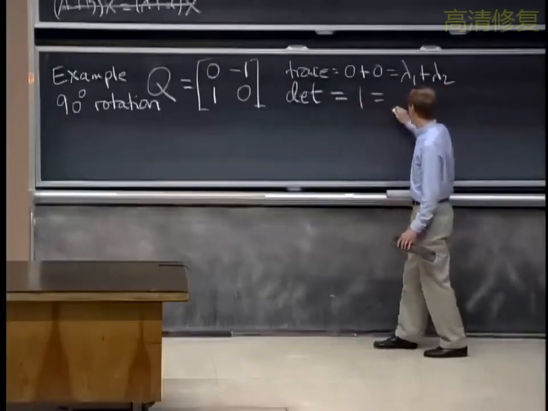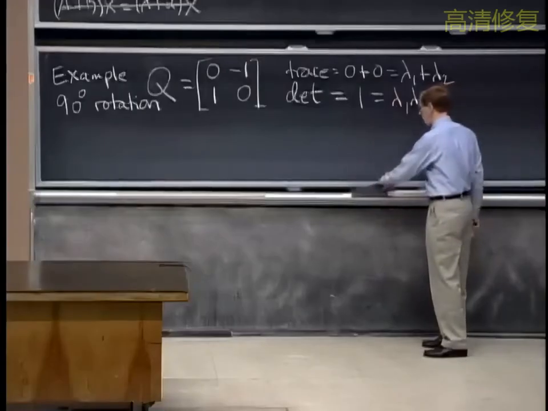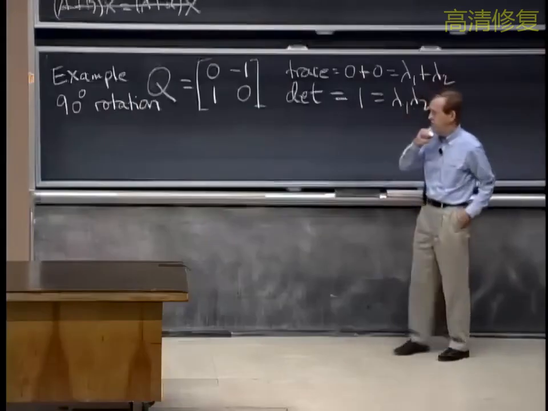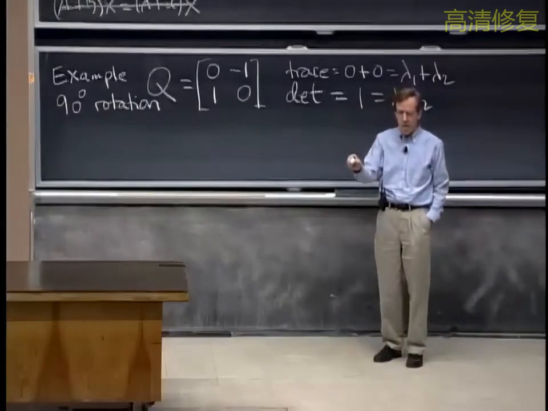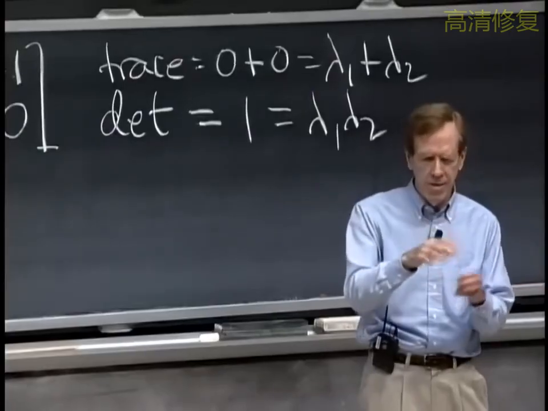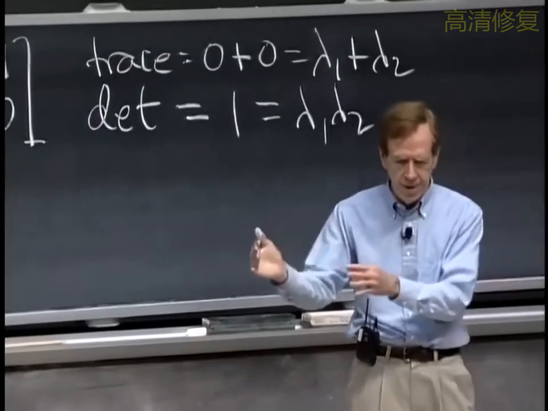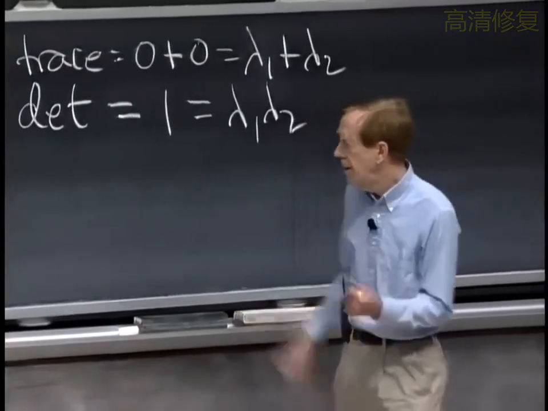And that is lambda 1 times lambda 2. In our example, the one we worked out, the eigenvalues came out 4 and 2. Their product was 8. It had to be 8 because we factored into lambda minus 4 times lambda minus 2. That gave us the constant term 8, and that was the determinant.